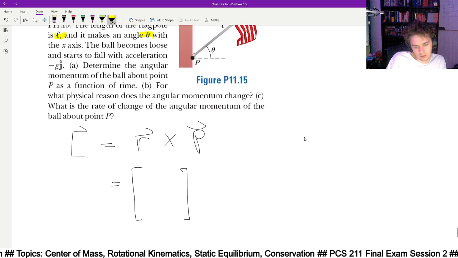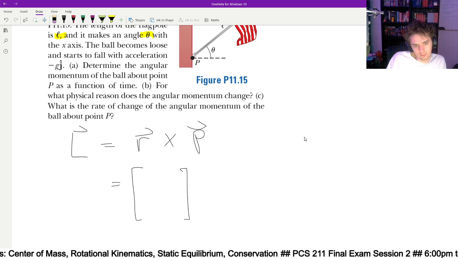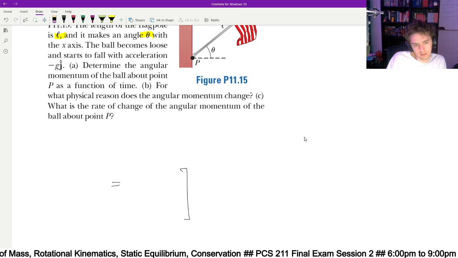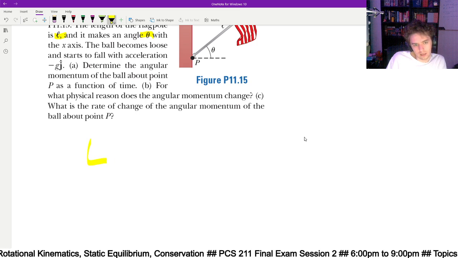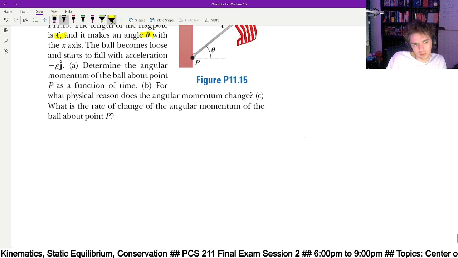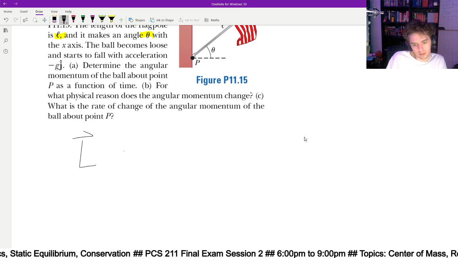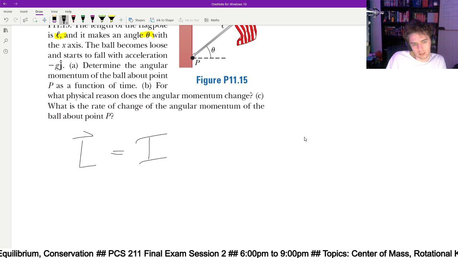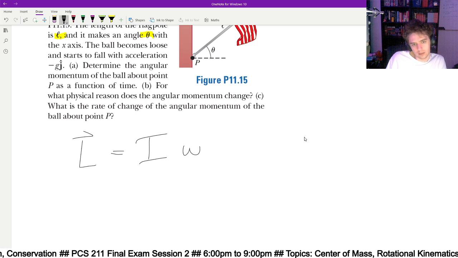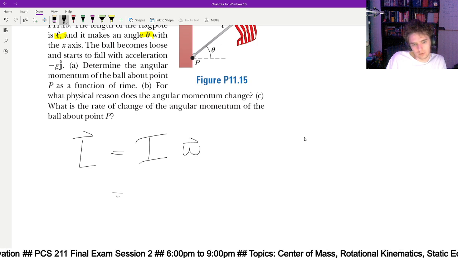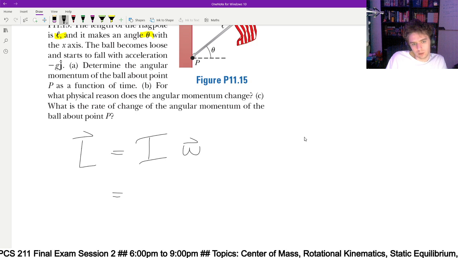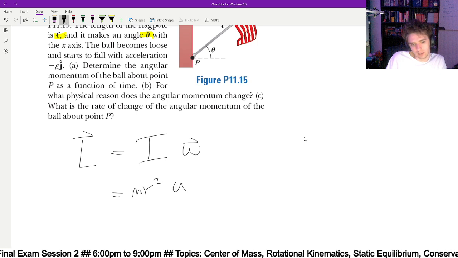L equals I omega. So the angular momentum equals the moment of inertia times omega. It's a point mass, so m r squared times omega.